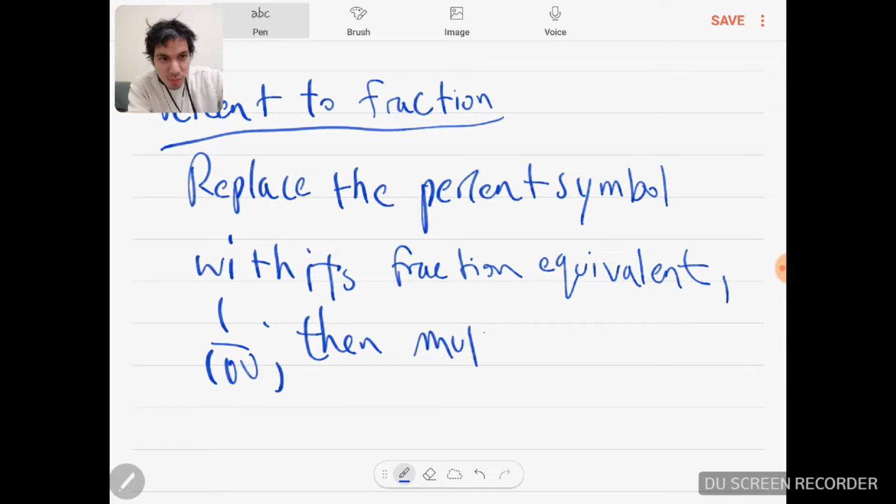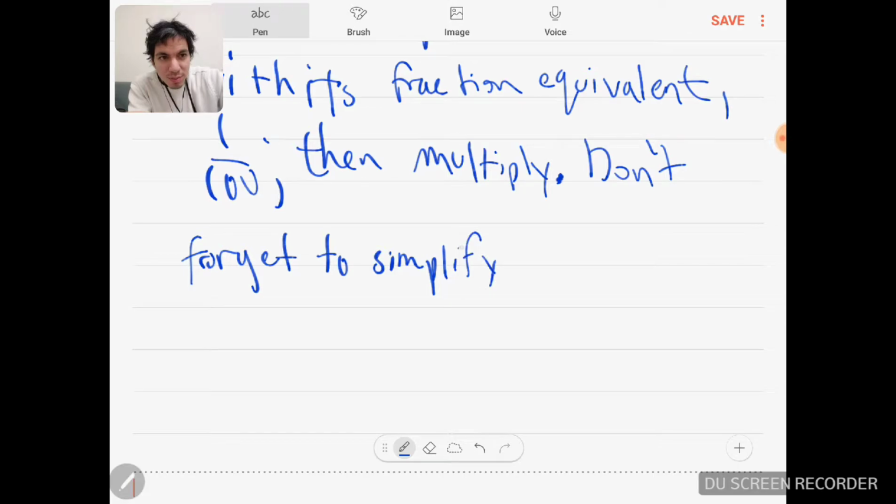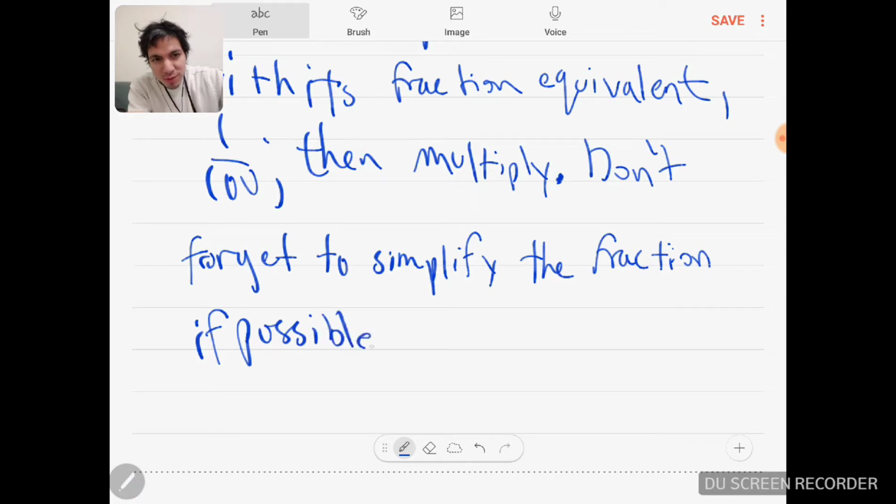Then multiply. Now again, the key thing to remember is don't forget to simplify the fraction if possible. Okay?